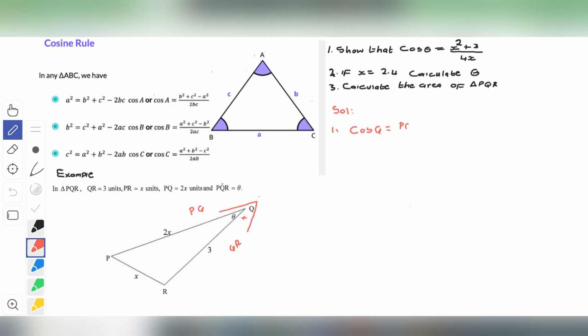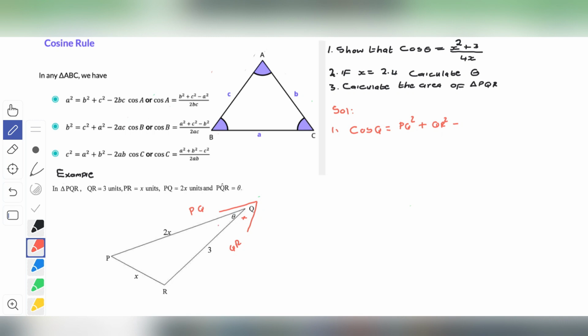So we're going to write them. We're going to say PQ squared plus QR squared minus, okay, minus what? As I've already written those two lengths which form the angle, you check which side is opposite to that angle.